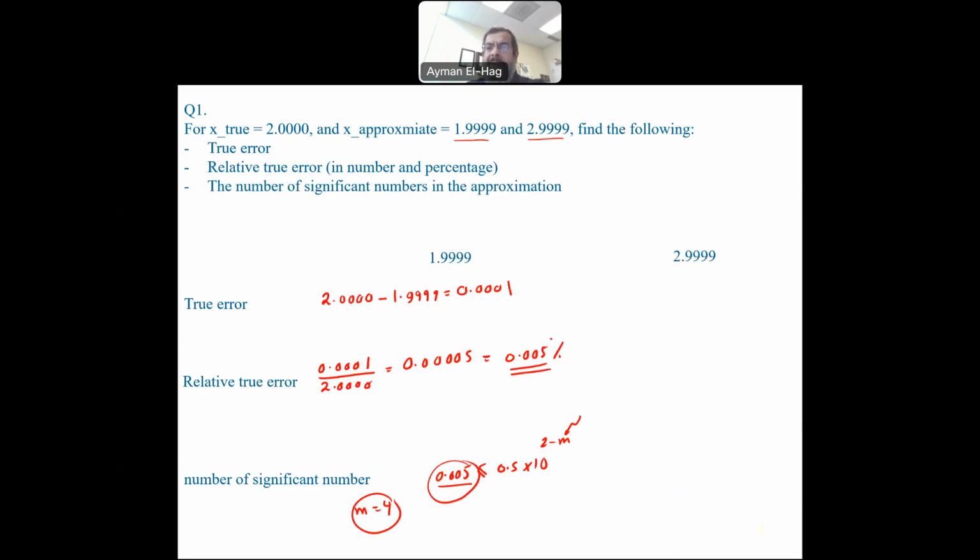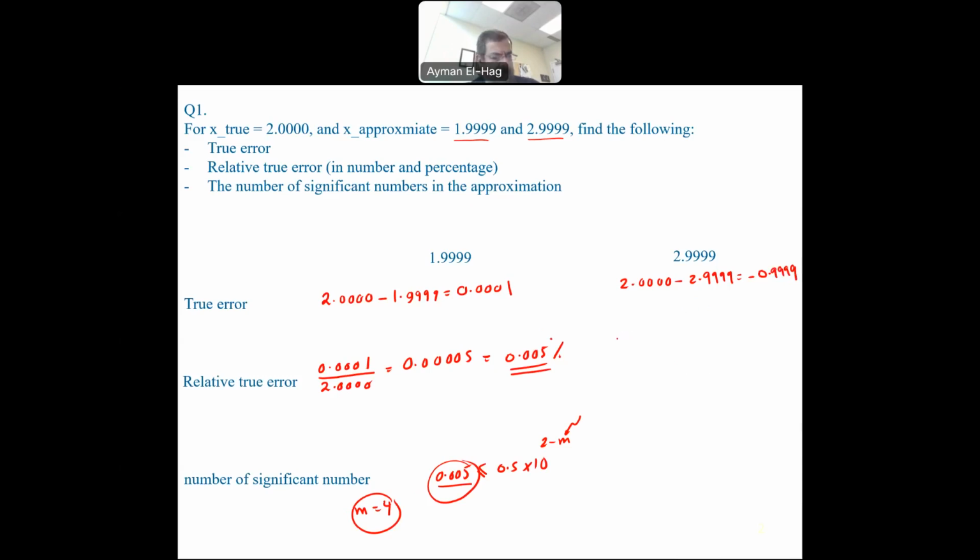Now, when you go to the other number, 2.9999, we do exactly the same thing. So we will basically subtract 2.0000 minus 2.9999, and this will give us minus 0.9999.